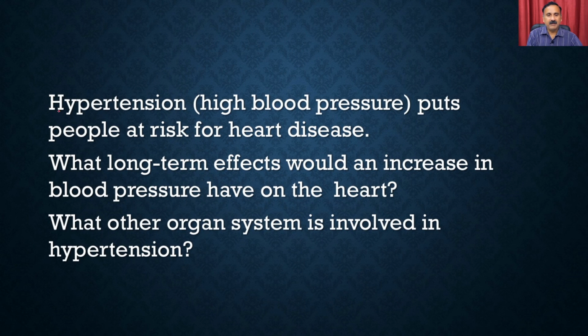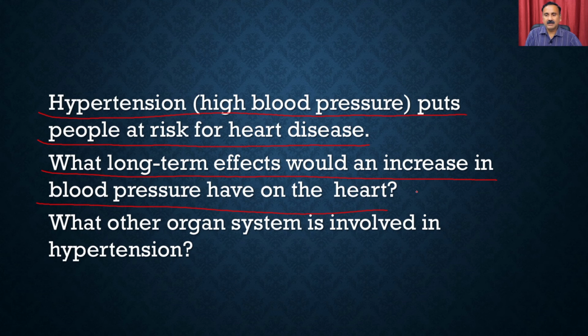So hypertension, or high blood pressure, is a very serious pathological condition which puts people at risk of different types of heart diseases. If a person has high blood pressure and it continues for the long term, it is going to have a long term effect on the heart's health.